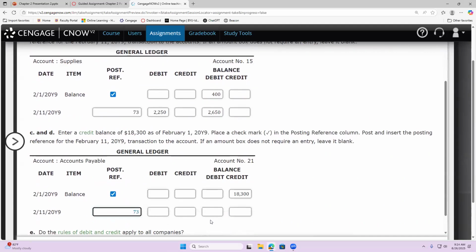How much was it? 2,250. So all this ledger shows is what page in the journal it came from, the amount debit or credit of the transaction, and then the new balance. If it has a credit balance, and then we credit the account, again, we're going to add those together. So the new credit balance will be what, 20,550?